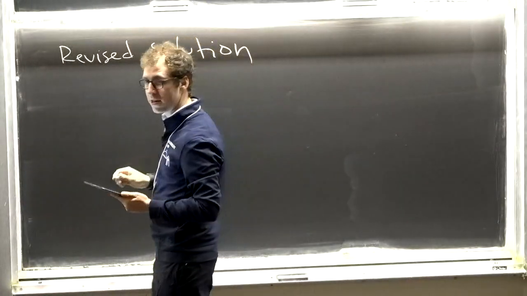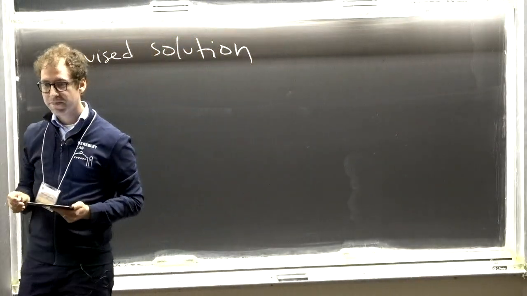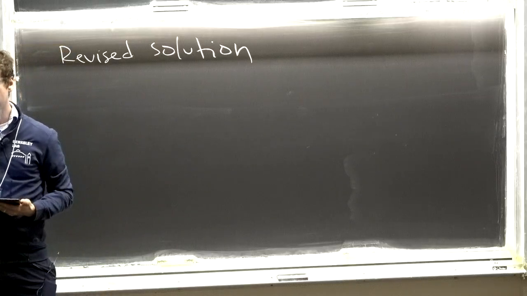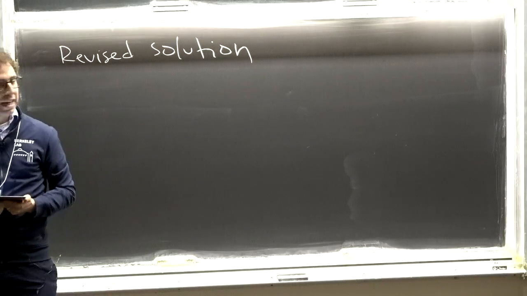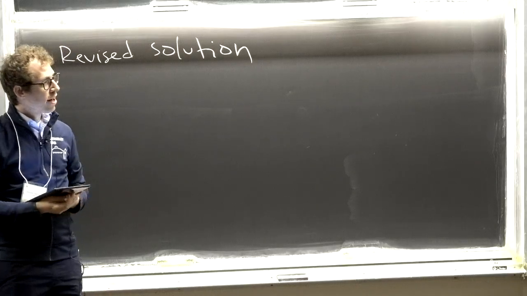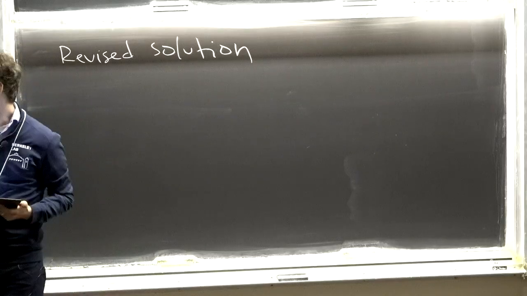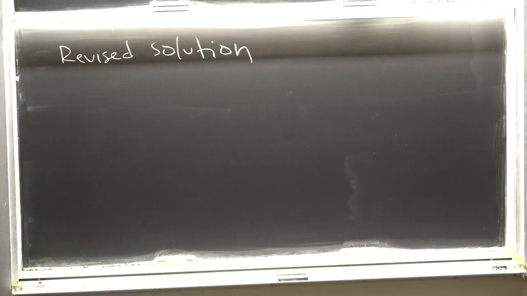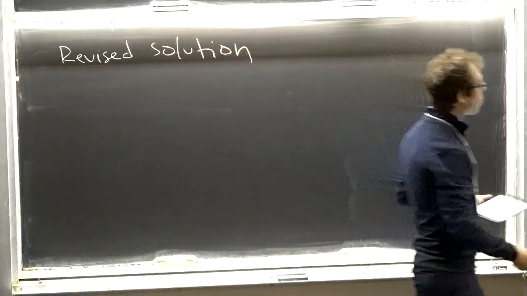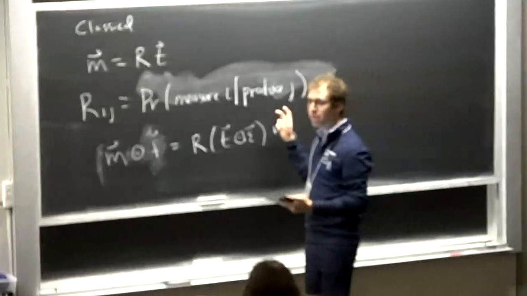Why can we assume that R is linear as opposed to just some general function of the truth values? Yeah, so the question is, can we assume that the problem is linear? In this case, R is just, like you always produce it in some bin, and it has to be measured in some bin.